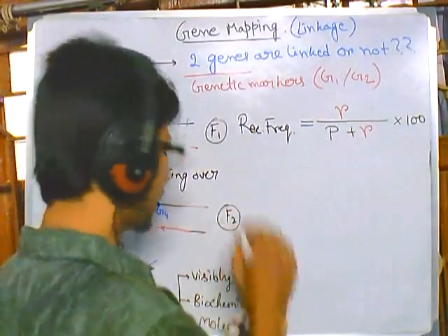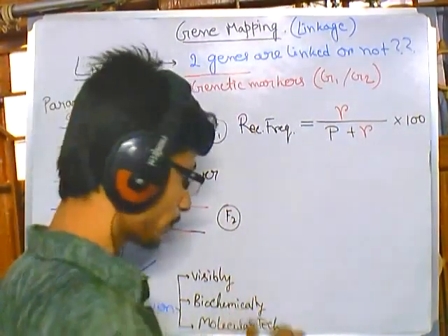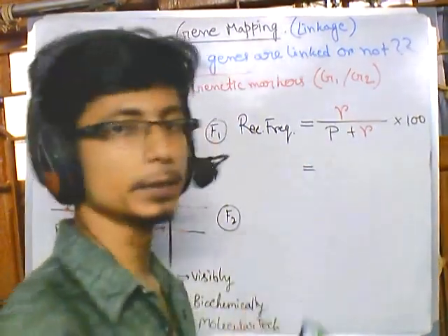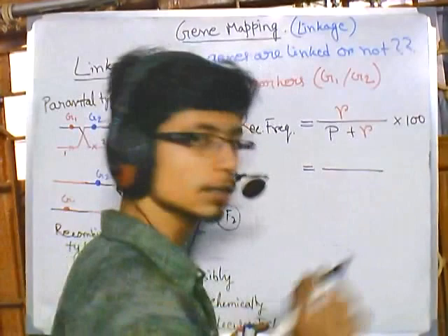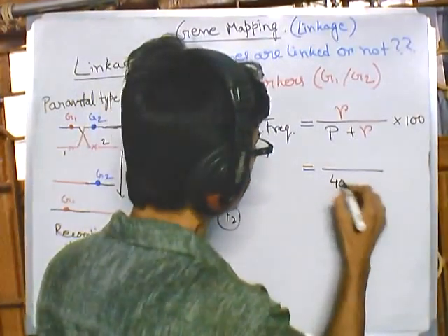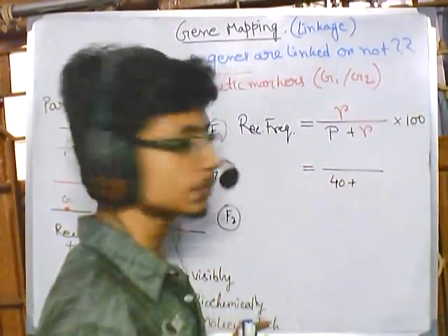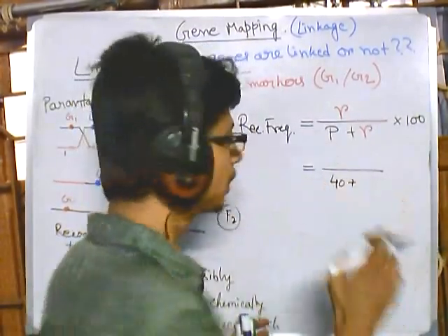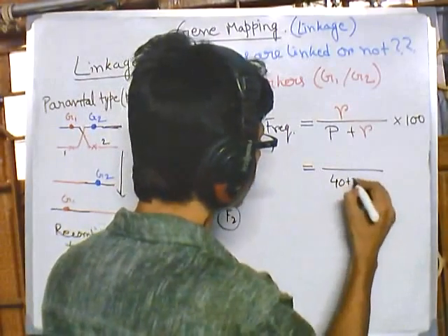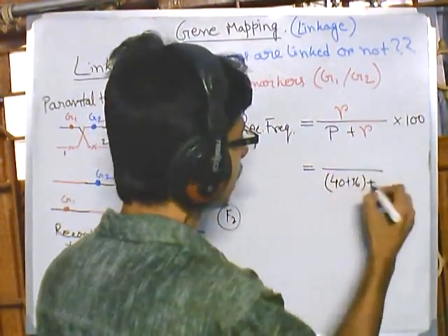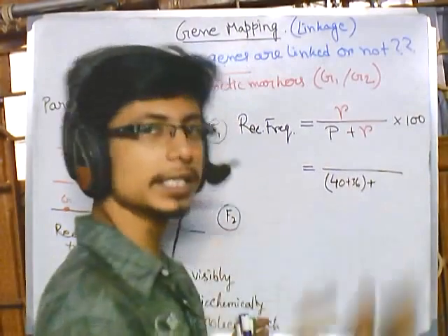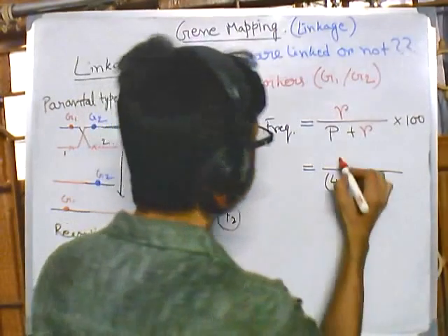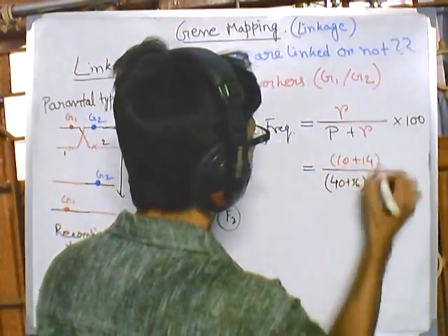Suppose, for example, the frequency of parental chromosomes is, say, 40 and 36, because there must be two different parental types, and the recombinant types are, say, 10 and 14.